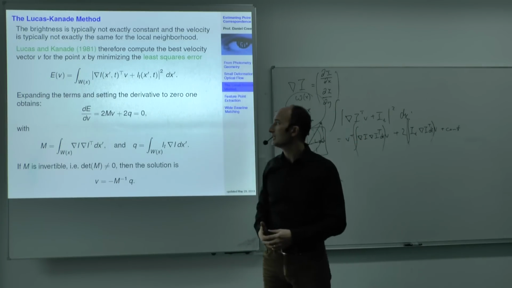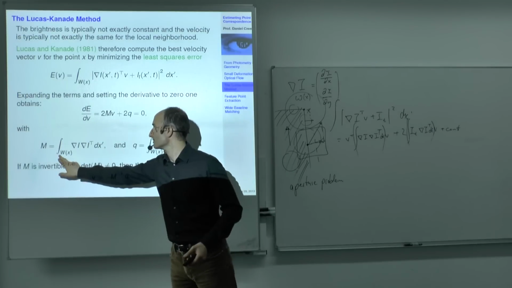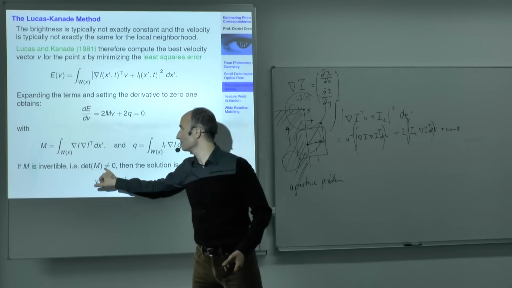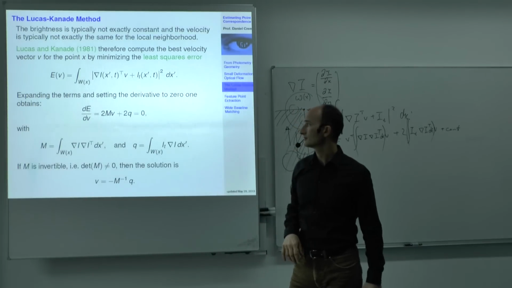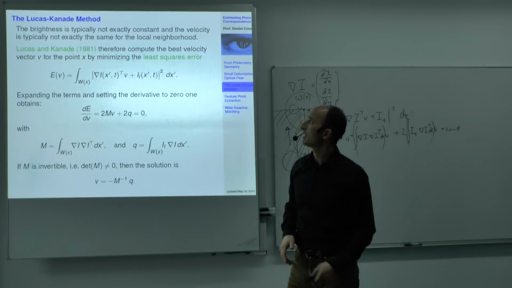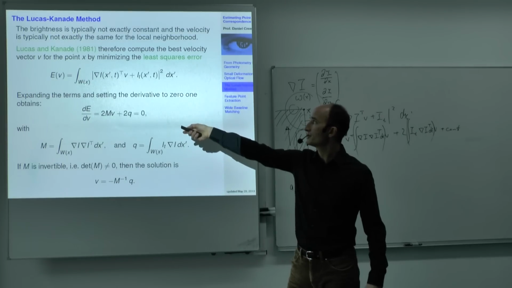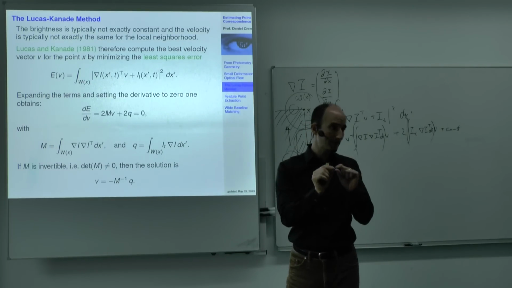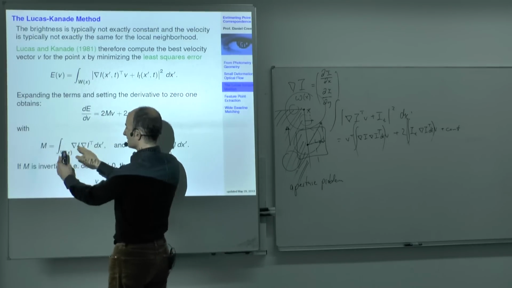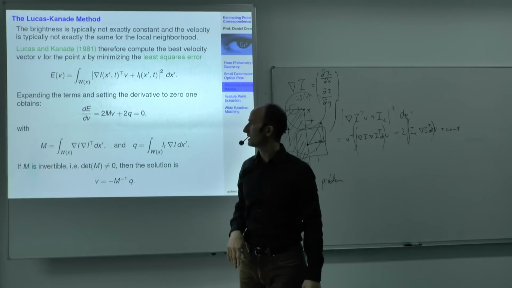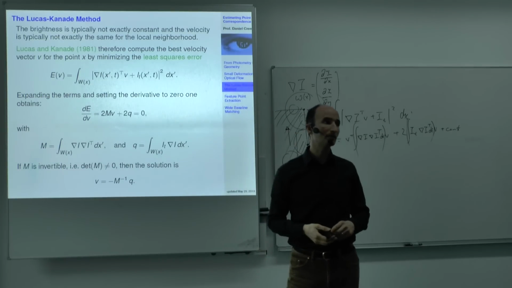And you see, we need the points in the window to construct this matrix and to have an invertible matrix. If you don't have the integration over the window, but just stick with that one point you're looking at, then you don't have the integral here. You just have nabla I transpose, and that is not an invertible matrix.